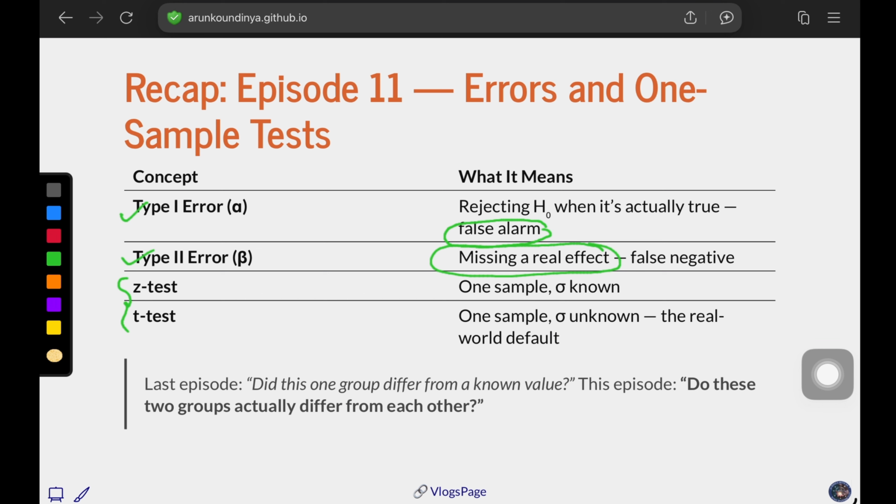And also in the previous episode, we saw a one sample t-test. Say for example, you claimed the students' pass grade in grade 1 is 81%.